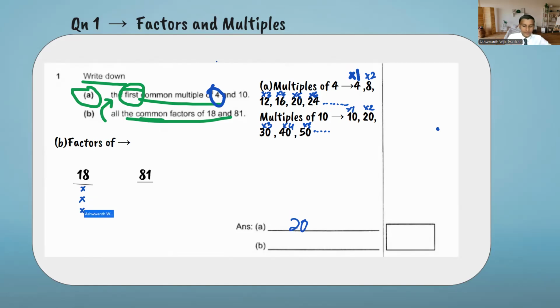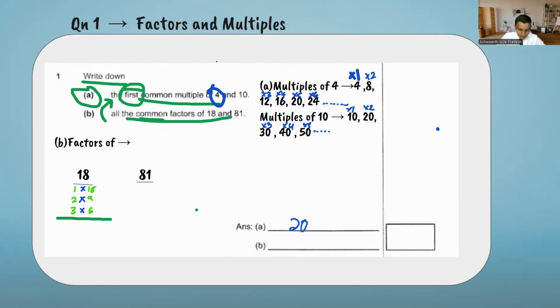So for 18, we have 1 times 18, correct? Yes. Next, we have 2 times 9. Next, we have 3 times 6. Is there anything else? 4 times something, 5 times something? No. That means that is all the factors.